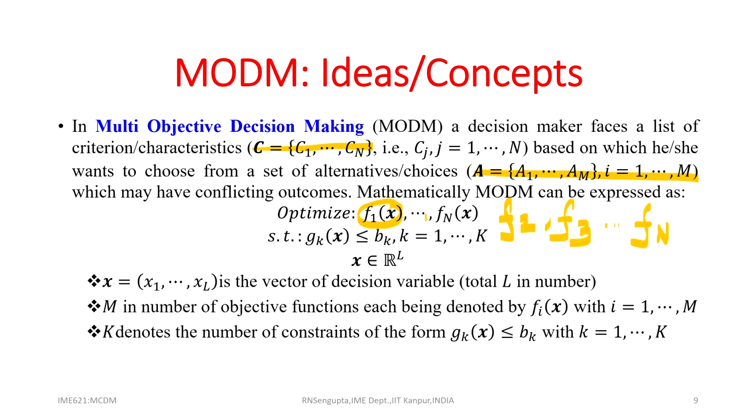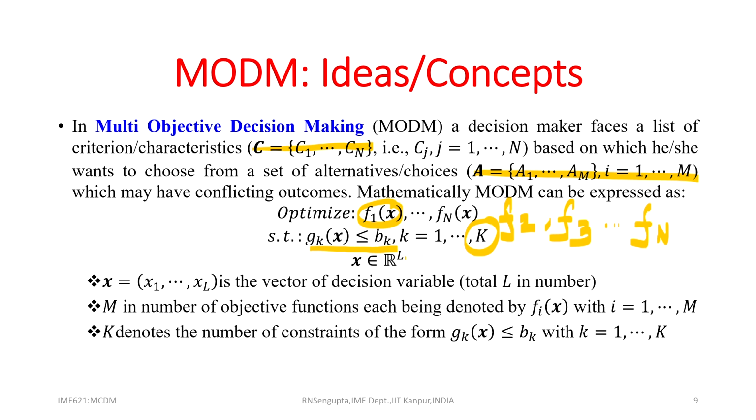Now, you want to optimize these different types of objective functions collectively, multi objective, based on some criteria, and the constraints are given as gk, which is any constraint, is less than equal to bk, and k is equal to 1 to capital K. Again, this k, m, n are different, and x we will consider is always on the real line, and it is of a dimension L. So, again do not confuse this L with n, which is the number of objective functions.